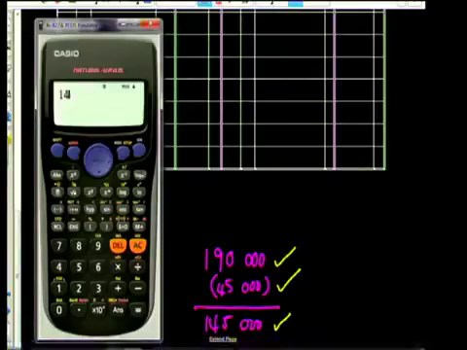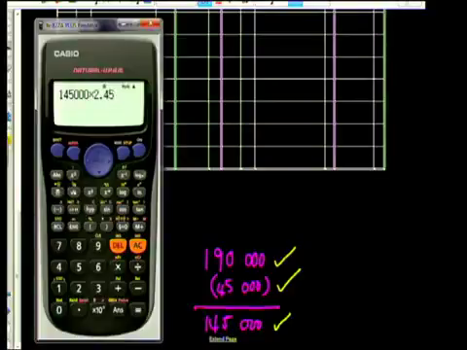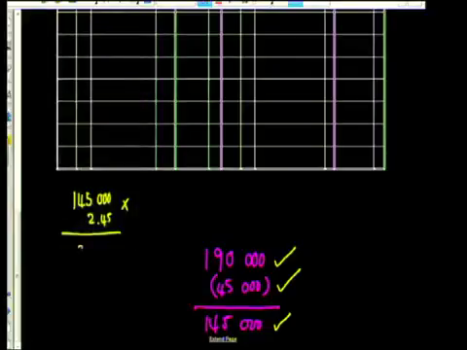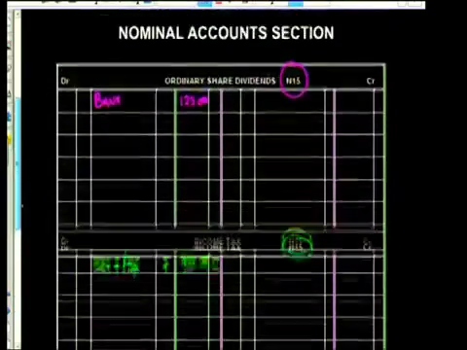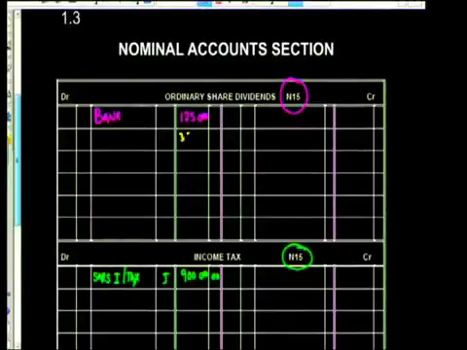We have 145,000 shares times 2.45, and my answer is 355,250. What is my double entry? My double entry is a debit to ordinary share dividends, the figure being 355,250.